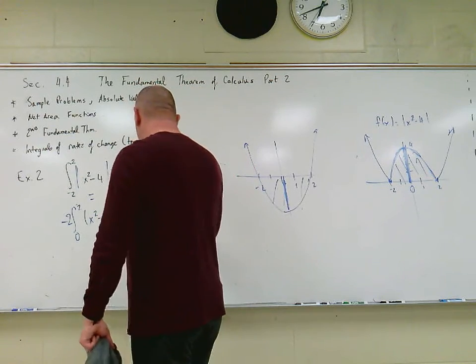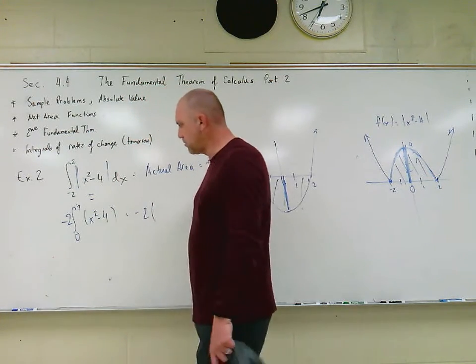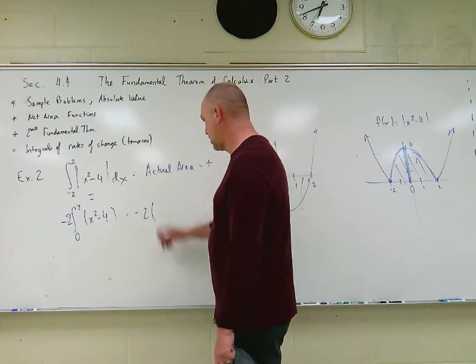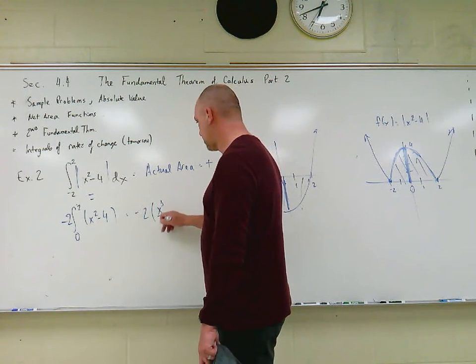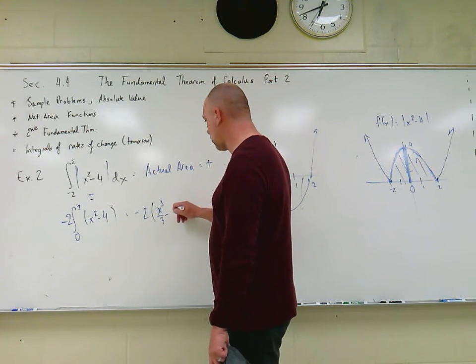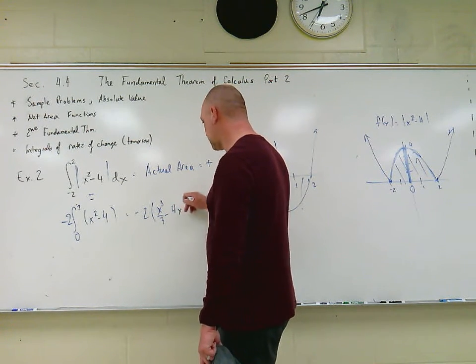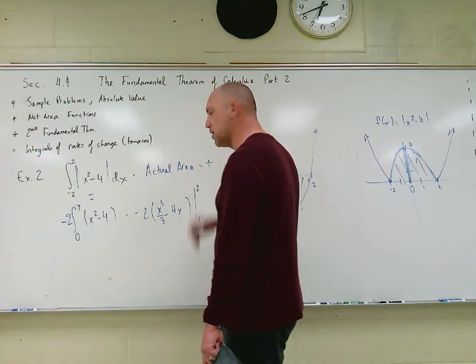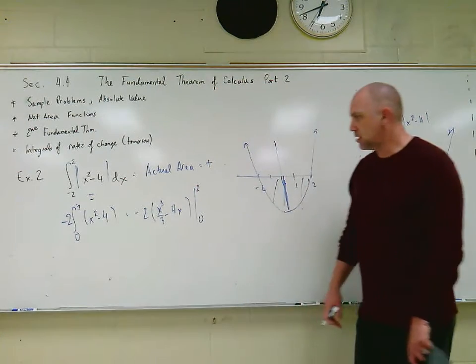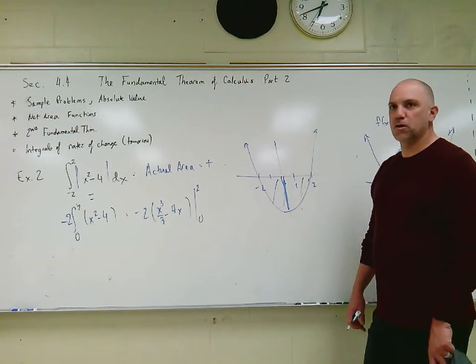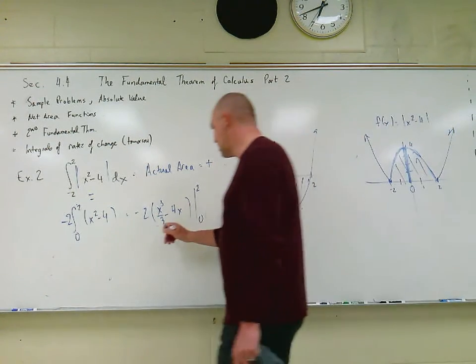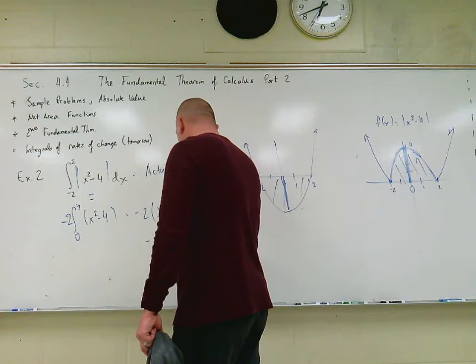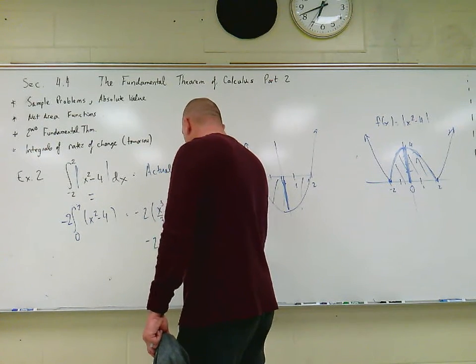So let's see. We get negative 2. Antiderivative of x squared is what? x cubed over 3. Minus the antiderivative of 4 is what? 4x. See, now that 0 is going to come in handy. Okay? Now, all I got to do is really plug in a 2. So I can plug in a 0, but it all goes to 0. So I got 2 cubed over 3 minus 4 times 2.